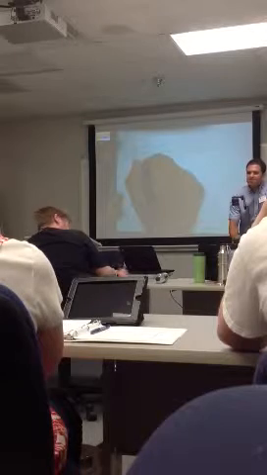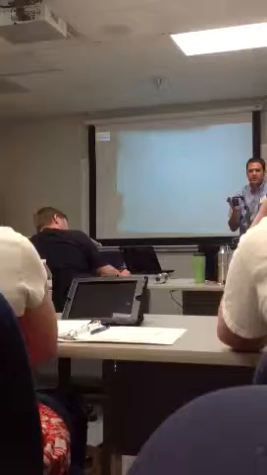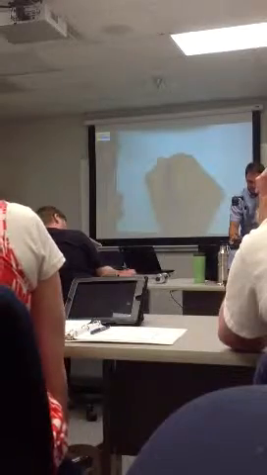Instead of having individual numbers, 96, 95, let's group things together. So instead of a simple distribution, we'll do a grouped frequency distribution. There's no magical way to do this.